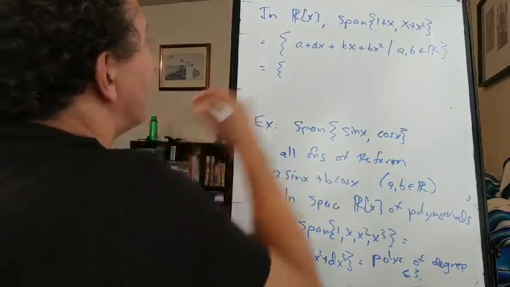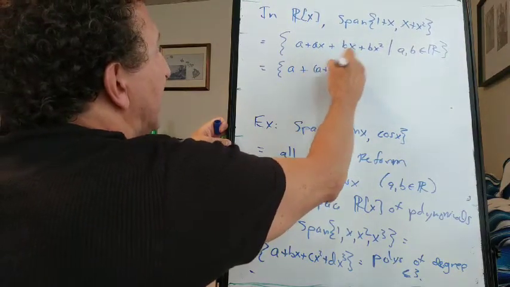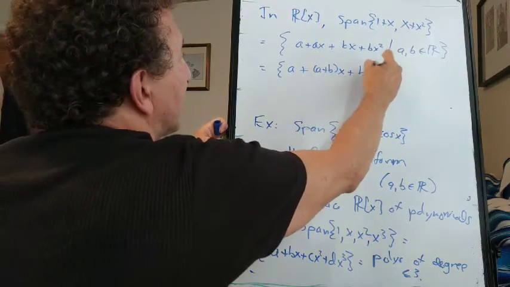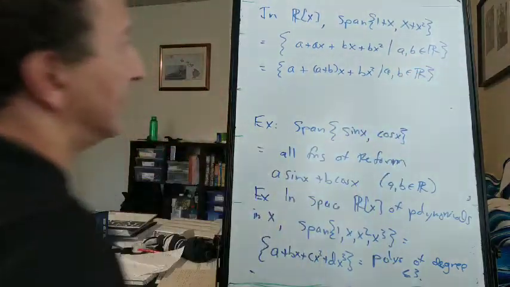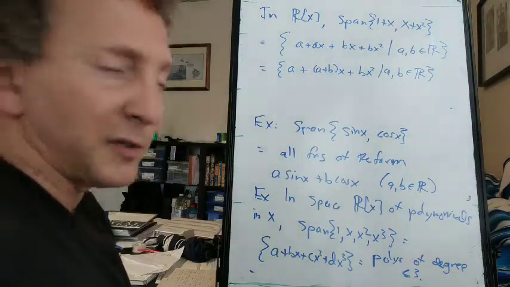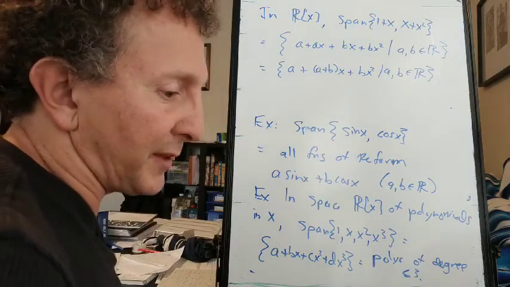I think the best way to write that is just all the polynomials of the form a plus (a+b)x plus bx squared, where a and b are real. I can't think of a nicer expression for that, so that'll just have to be our best description of what that space is.